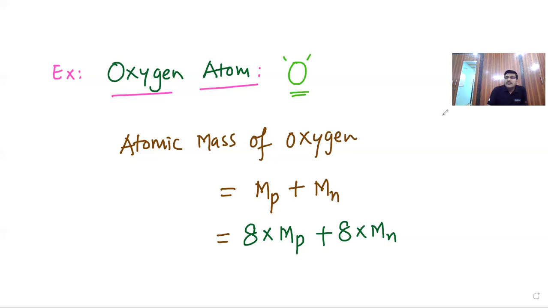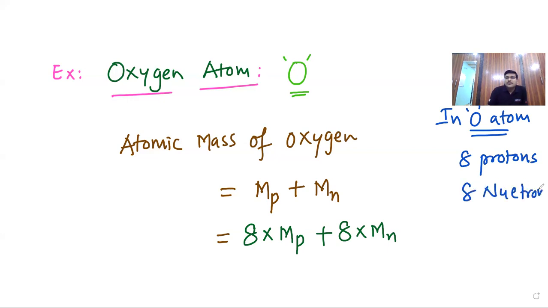in an oxygen atom, O, there are 8 protons, 8 neutrons, 8 electrons.